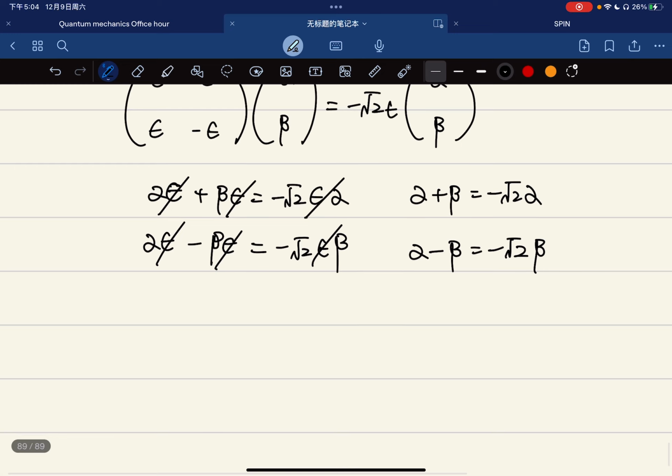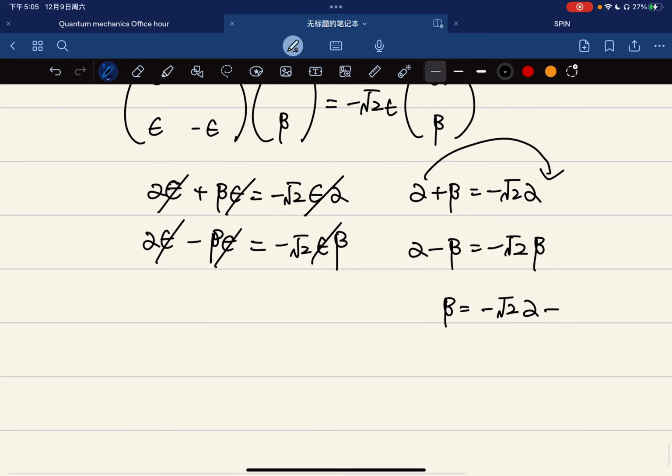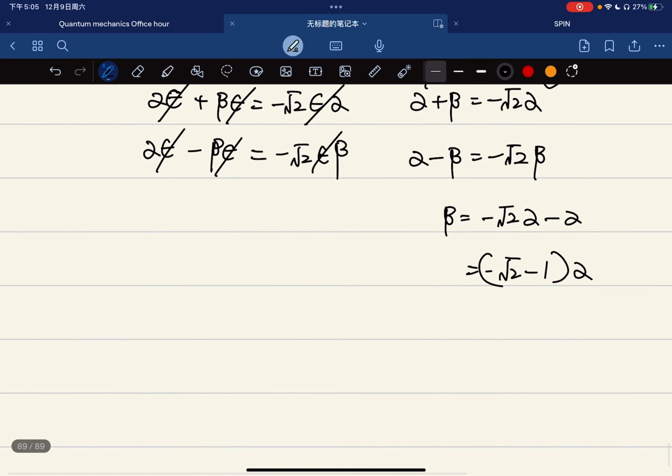Okay, so the beta is actually equals to negative square root of 2 alpha plus, minus alpha. So this is my second relationship. So now the phi minus would be alpha and minus square root of 2 minus 1 alpha.